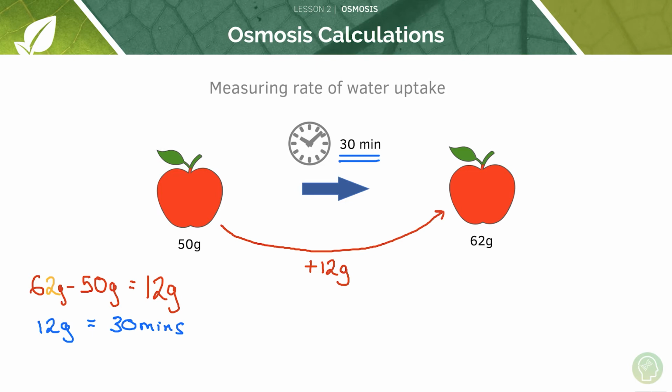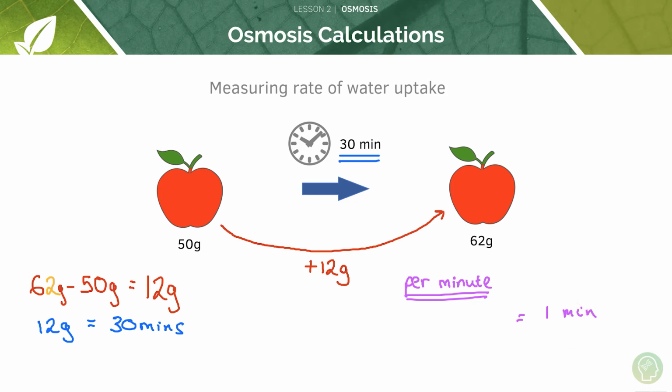So if we want to measure it per minute, what we would do is write equals 1 minute, and we've then got to work out how do we get from 30 minutes to 1 minute. We divide by 30, right? So we've got to do the same to the other side of the equation. So 12 divided by 30 would give our rate of water uptake per minute.